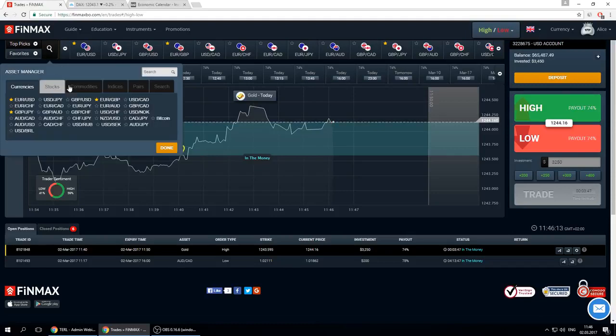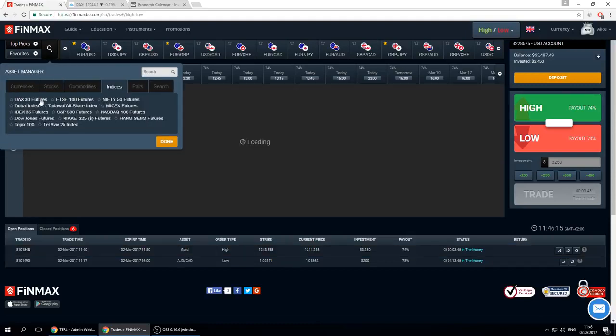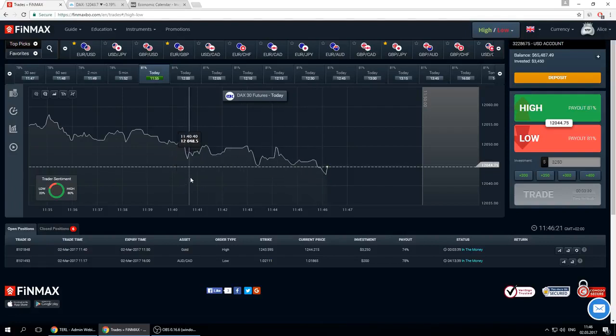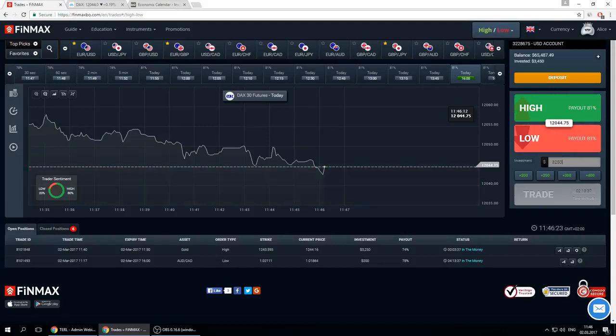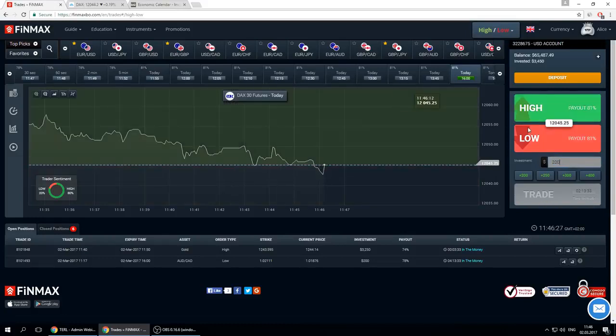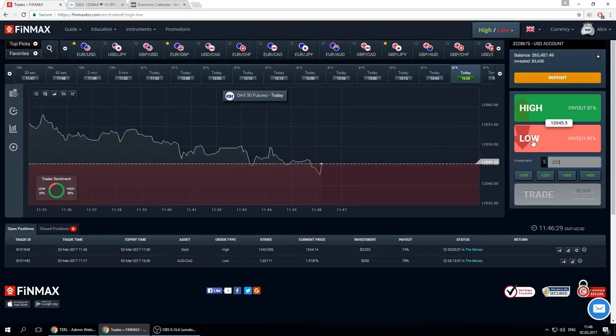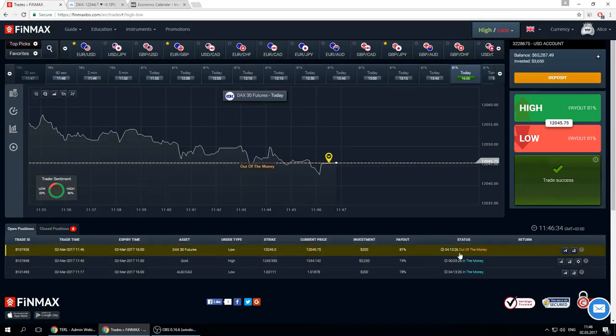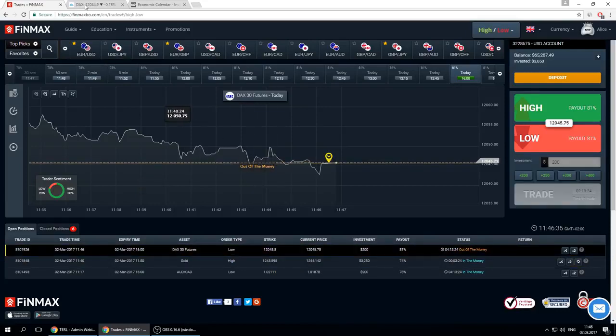So let's see what time frames are available today. Oh, pretty high payout, why not? I'm gonna open for low. And the trade will expire in 4 hours.